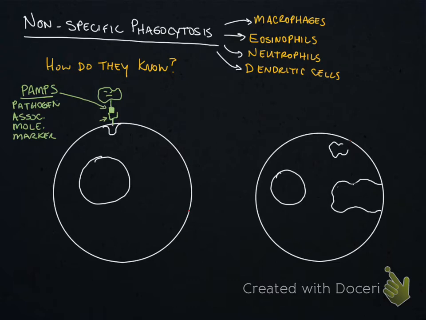Okay, and the receptor responsible for recognizing these PAMPs is called a PRR, or pattern recognition receptor. Okay, so in our scenario, we've recognized the PAMP on this pathogen.